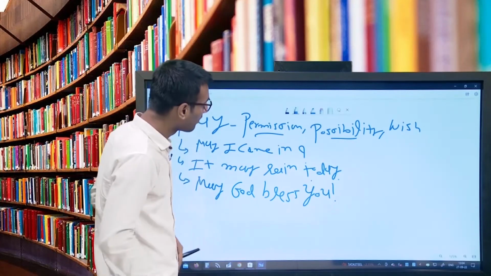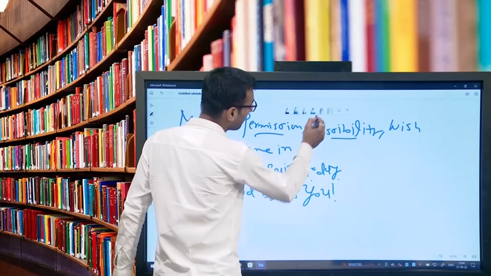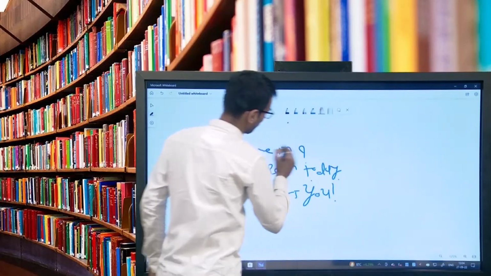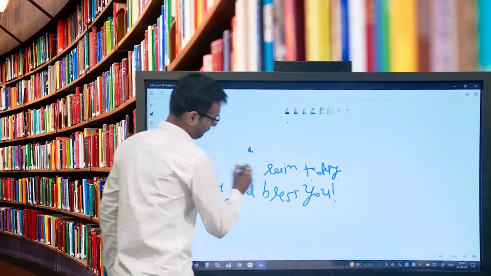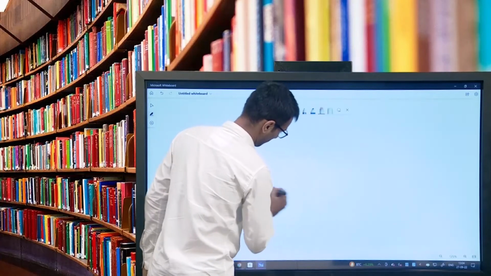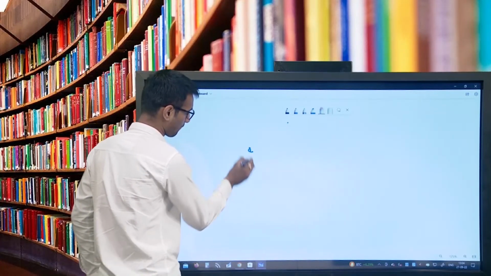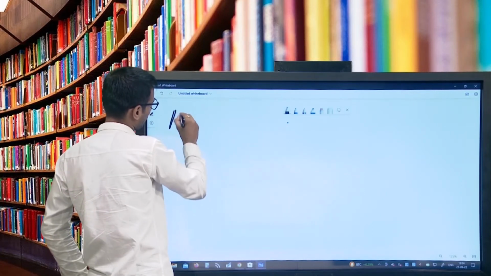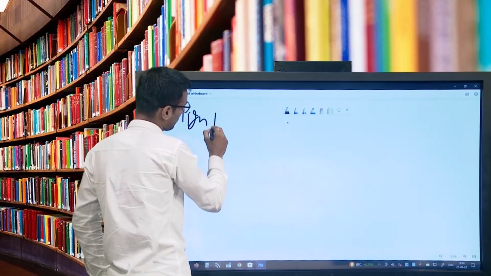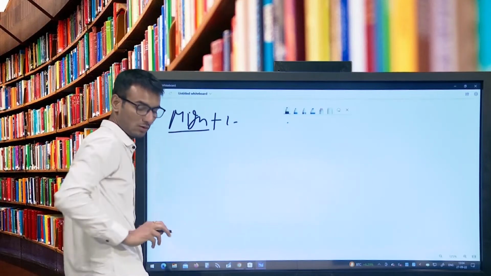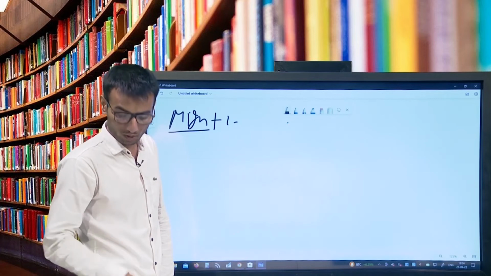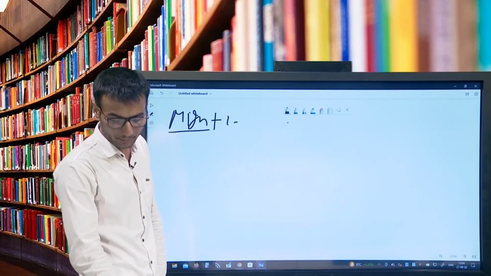Now might. So might is the past tense of may. So might is used to indicate a more doubtful possibility than may.